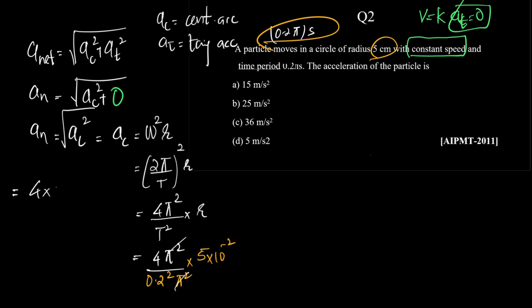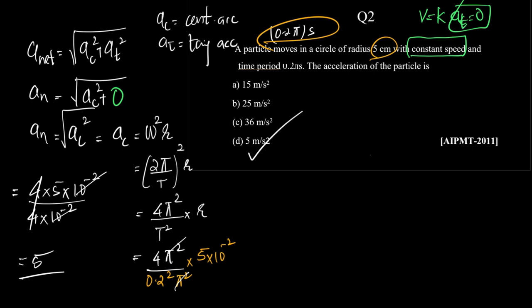So what we get is 4 into 5 into 10 to the power minus 2 the whole upon 0.2 square, can be written as 4 into 10 to the power minus 2. So now 10 to the power minus 2 by 10 to the power minus 2 is 1, 4 by 4 is 1, so what you get is 5, which makes the correct option as option D, 5 meter per second square.